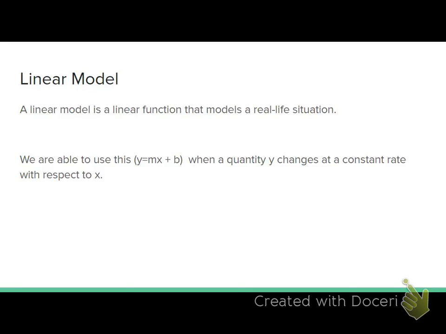We are able to use the idea of y equals mx plus b when a quantity y changes at a constant rate with respect to x. So something that changes at a constant rate. Oftentimes this will be things that involve money, because you get paid a certain wage per hour, so it's changing at the same rate with every hour.